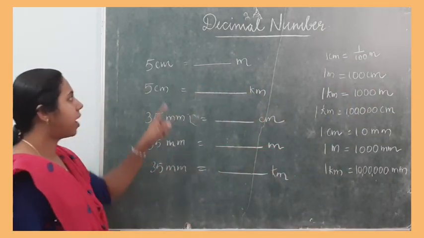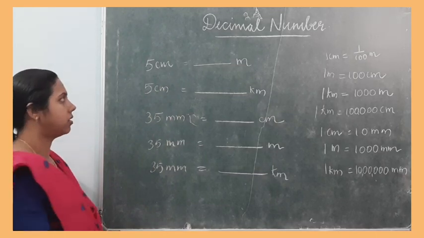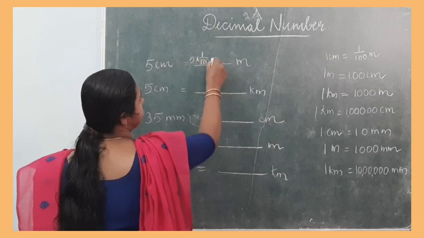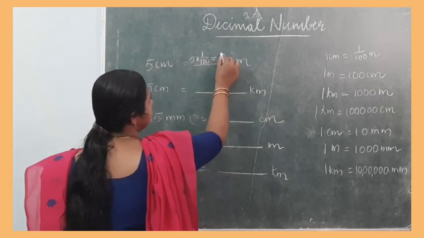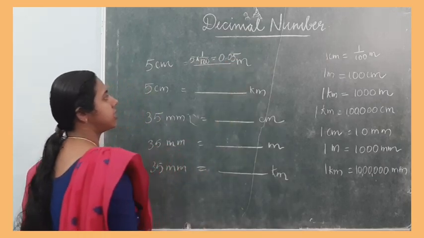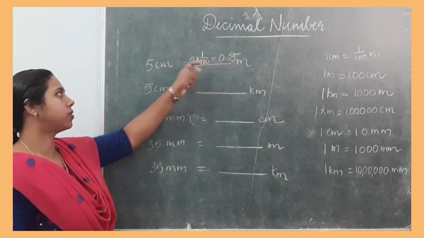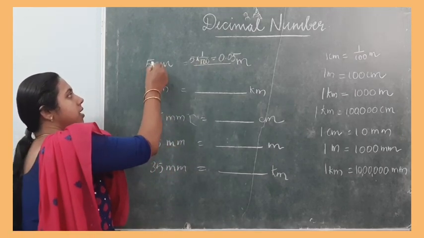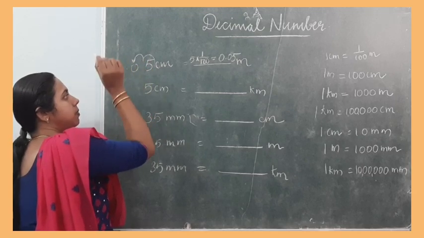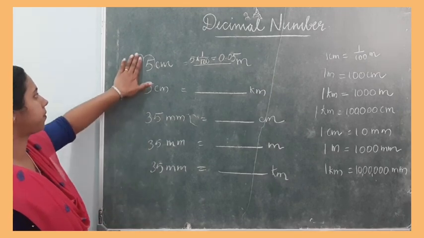So 5 centimeter is equal to 5 into 1 by 100 meter, that is 5 by 100, which is 0.05 meter. 2 decimal places, but here there is only 1 place, and for 1 more there is no number, so put 0. The decimal point will come here, 0.05 meter.